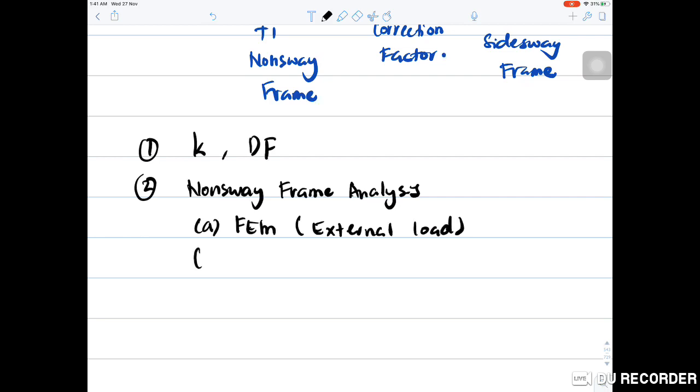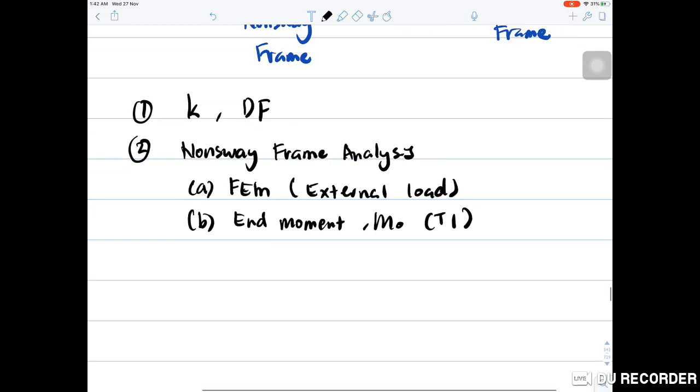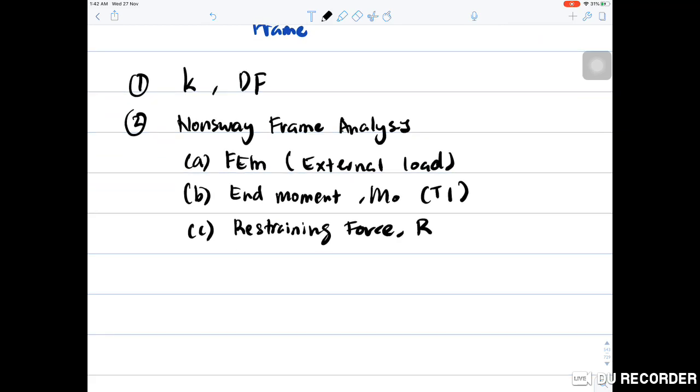After we determine FEM, B, we determine the end moment M naught, this is from table 1, using the moment distribution method. And step C, we have to determine the restraining force, which is R, using static equilibrium.